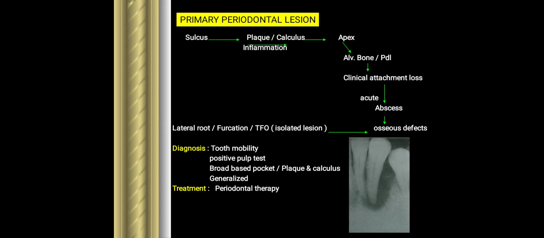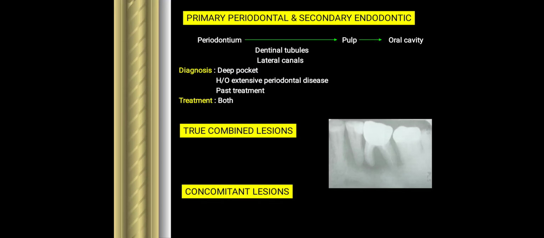If lateral root furcation and trauma from occlusion is there, then osseous defect will occur. Diagnosis: tooth mobility can be seen, and pulp test will be positive. Broad based pocket and plaque and calculus accumulation will be seen. Generalized. For such cases, only periodontal therapy will be required, like root planing and flap surgeries.